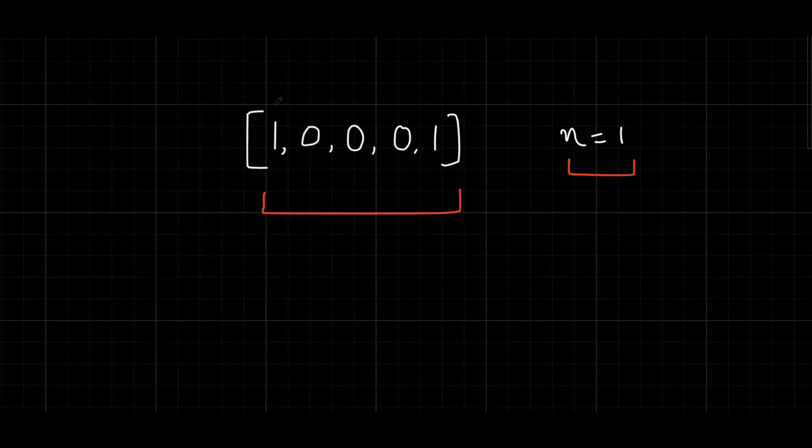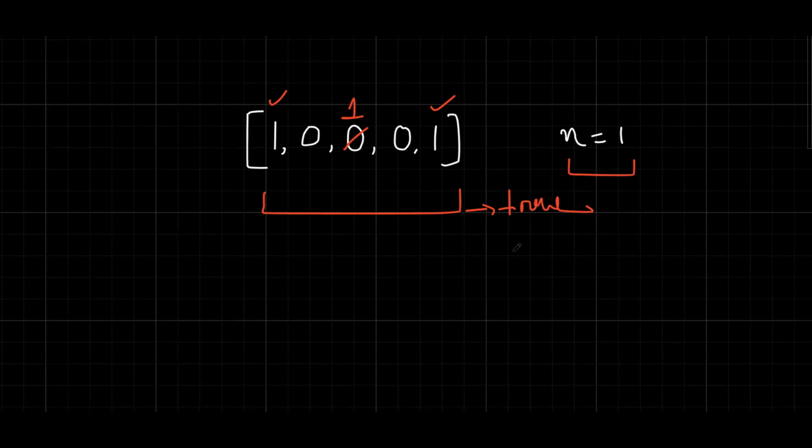Currently, 1 flower is given here, and 1 flower is given here. So now, if we place this new flower here, the array will become 1, 0, 1, 0, 1. So we can see that none of the flowers will be adjacent to each other. So in this problem, we have to return true.